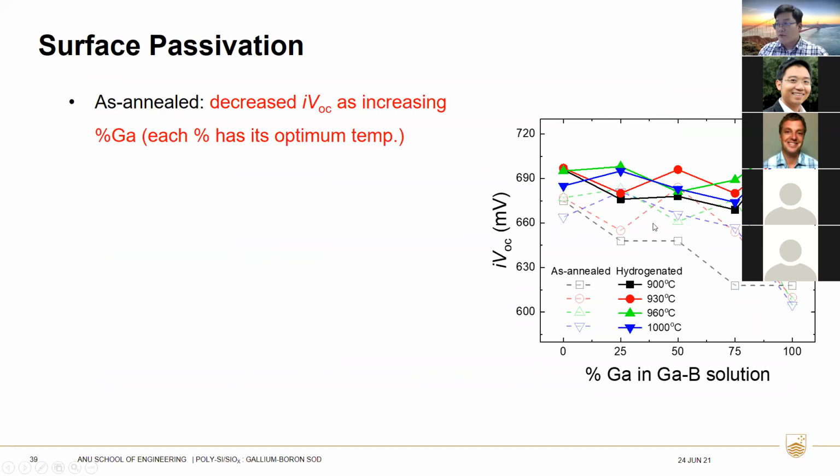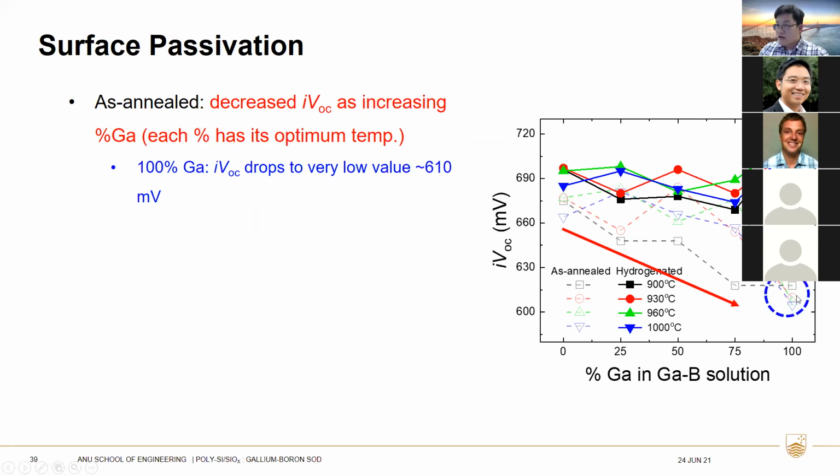As you can see from the figure on the right, on the as-deposited sample, that's the gray color, as we increase the percentage of gallium in the gallium-boron mixing solutions, we see a decrease in iVoc, and each percentage of gallium has its optimum temperature. For the 100% gallium sample, we see iVoc drop to a very low value of around 610 millivolt.